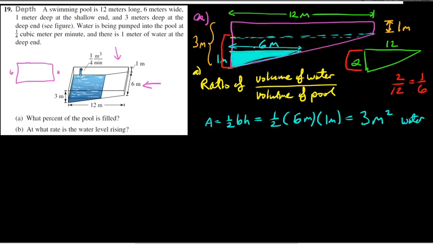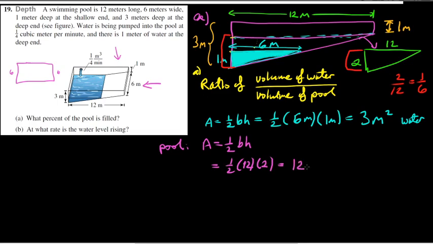Now what about the area for the entire pool? Right, so for the whole pool. Well, let's see, we have this triangular part here, which I drew here, and that's still a triangle. In this case, the area is 1/2 the base times the height, which is 1/2, the base is now 12, and the height is 2. So I think that's 6 times 2 is 12. So 12 square meters. But notice, that's only part of the pool.